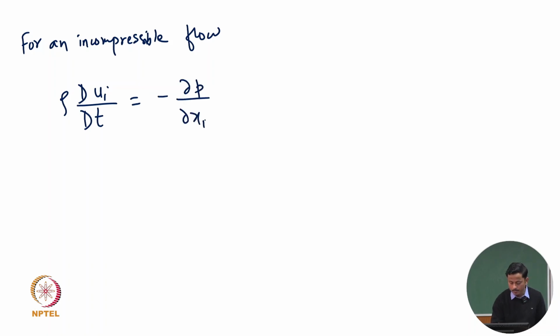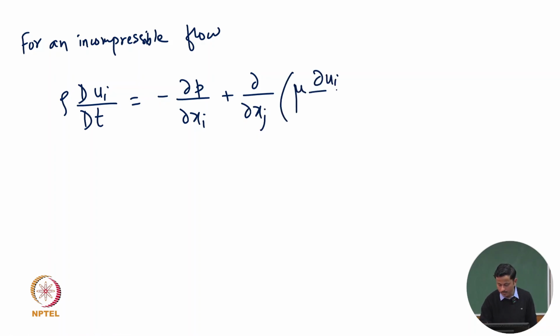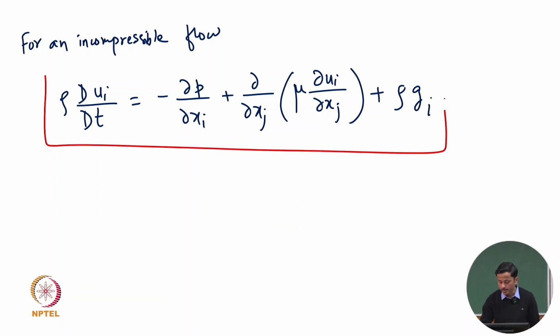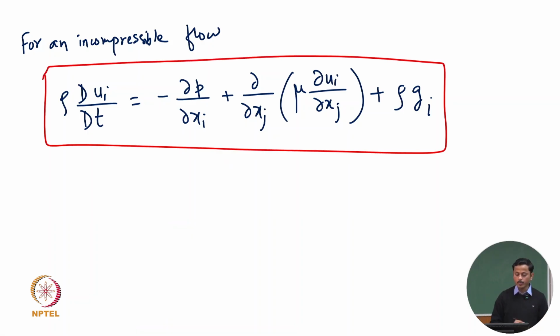For an incompressible flow, we get rid of the term that gives us volumetric expansion, and we have this form of the Navier-Stokes equation for an incompressible flow.